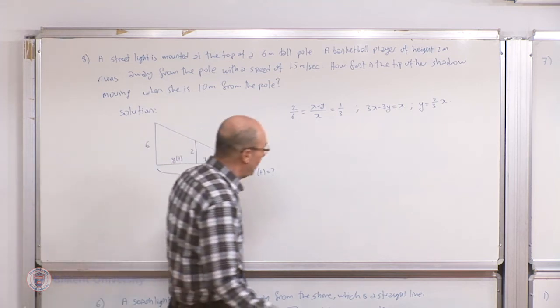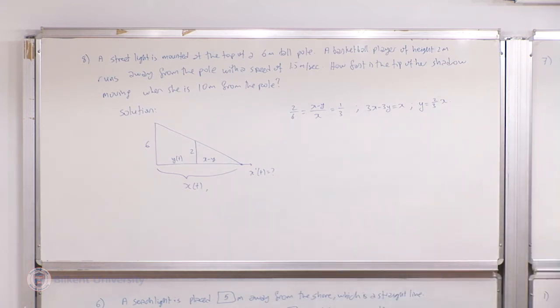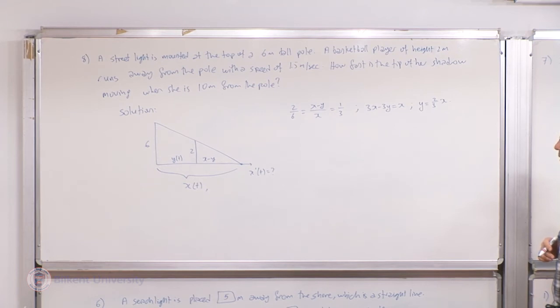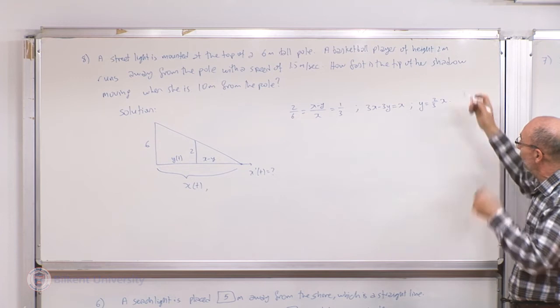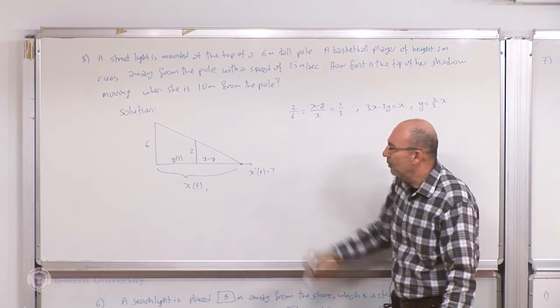Okay, so let's see. What do we do? If I take the derivative of this, I'll just get x prime. Yes? Any ideas? Don't we need the derivative of x minus y? No, we want to see how fast the tip of the shadow is moving. This is it. Shadow starts after the 2 meters.